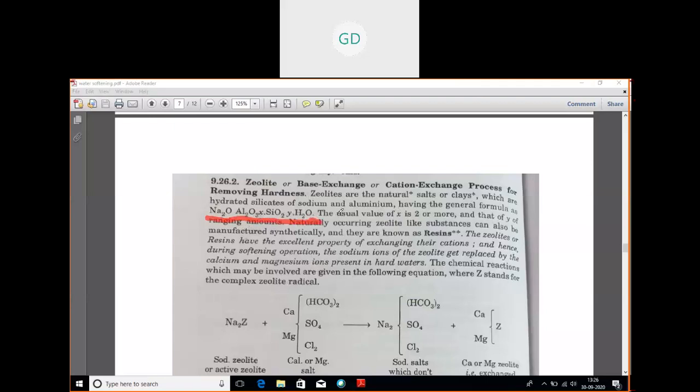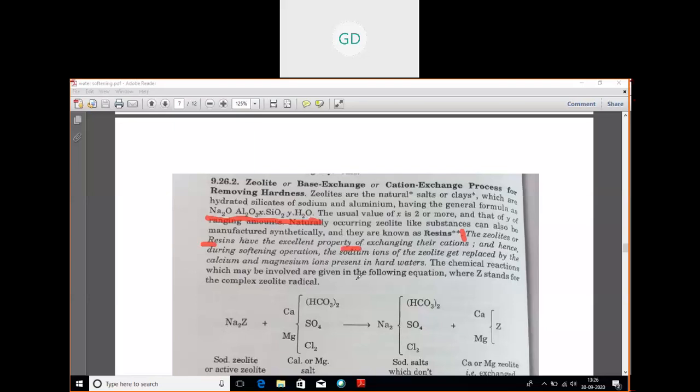So what is done here actually, the zeolites or the resins, it is also known as resins, and resins are manufactured synthetically. Resins have an excellent property of exchanging their cations.